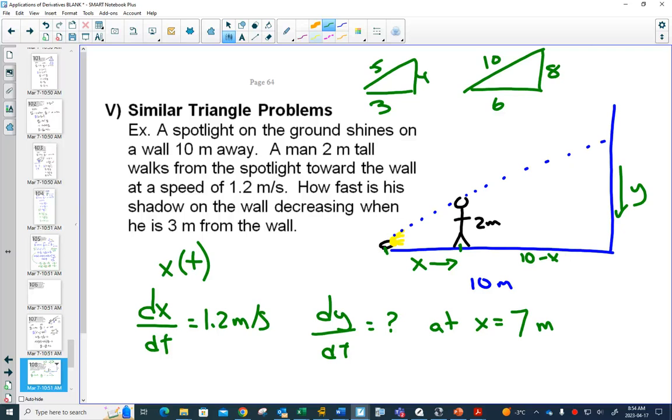Now, some properties of similar triangles can help you in equations. The property that you remember the most from grade 9 is being able to look at this and go, oh, this is just times 2. But there are other parts to a similar triangle which are going to be important for us in solving this.